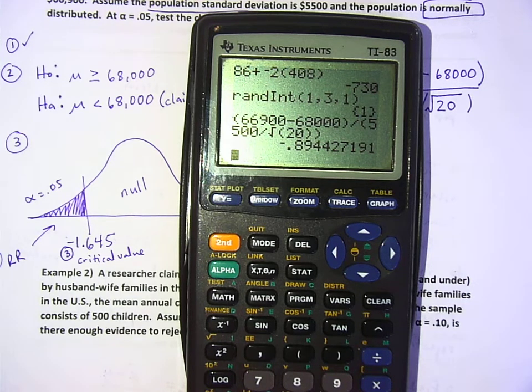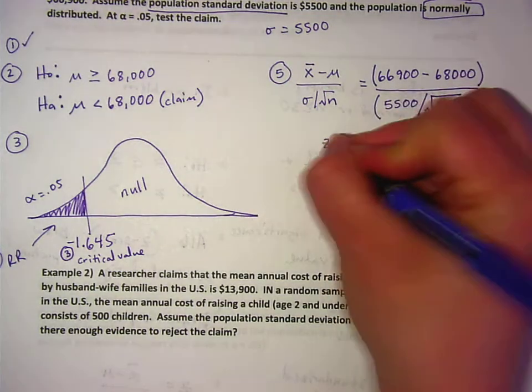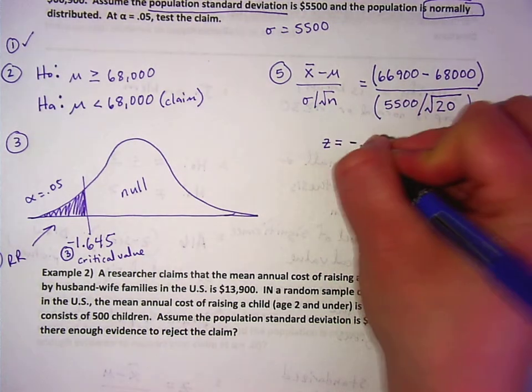I got negative 0.89. I guess 3 decimal places would be all right. Z equals negative 0.894. All right, so this is my standardized test statistic, negative 0.894.